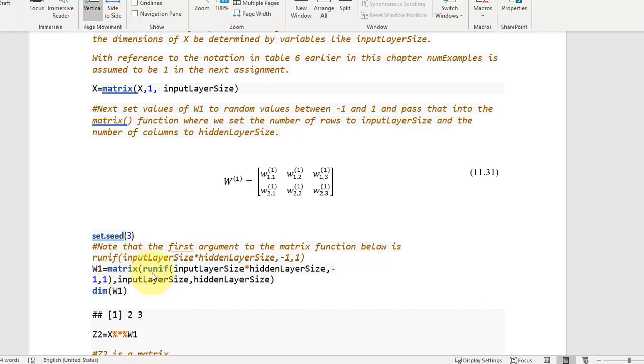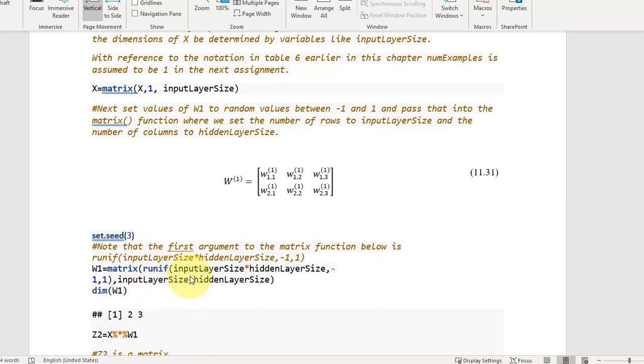We're going to use the random number generator, RUNIF, which means random numbers selected from a uniform distribution. I'm not going to talk about what is meant by uniform distribution, but you can look it up. It's very simple. We'll just say they're random numbers.